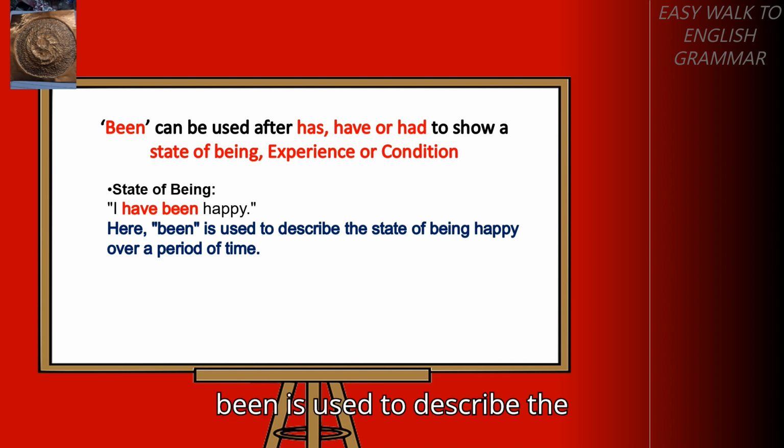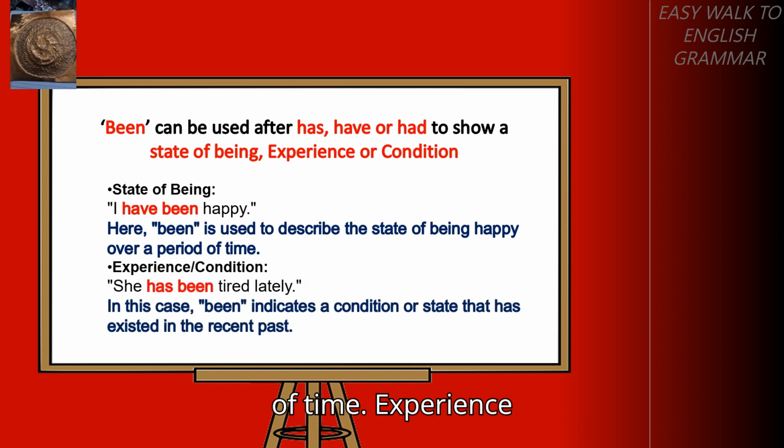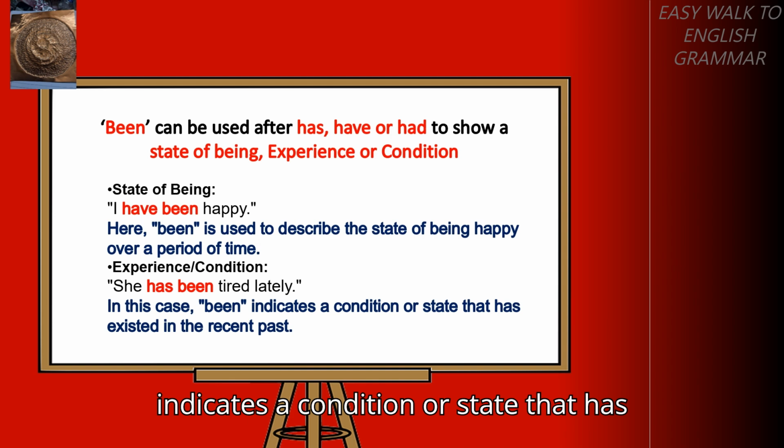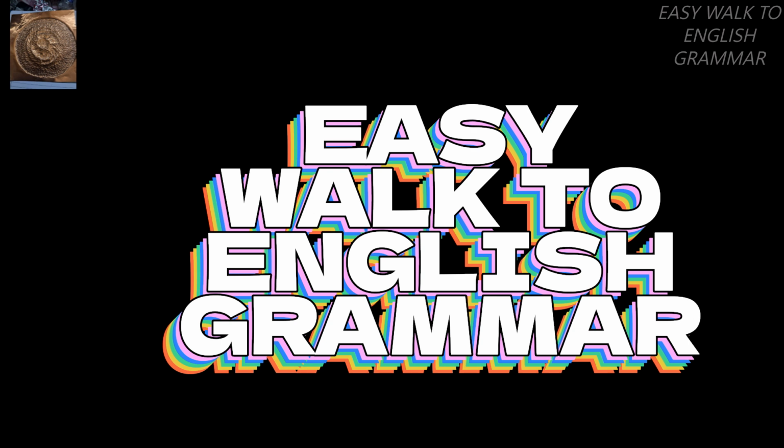Here, been is used to describe the state of being happy over a period of time. Experience or condition. She has been tired lately. In this case, been indicates a condition or state that has existed in the recent past.